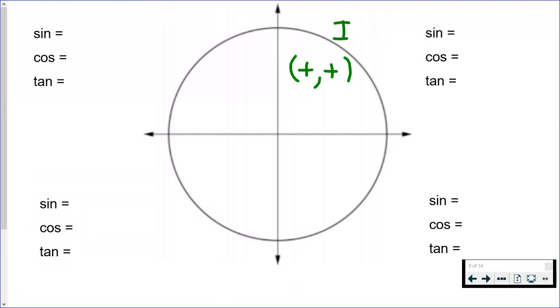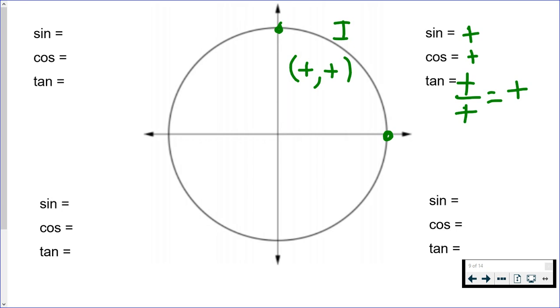If sine is y and cosine is x, sine and cosine are both going to be positive for an angle in here between 0 and 90. So if I ask for the sine of 40 degrees, that's between 0 and 90, so it must have a positive sine value. Now remember, tangent is y divided by x. So you would have a positive number divided by another positive number, which is still positive. So your three trig functions are positive in the first quadrant.